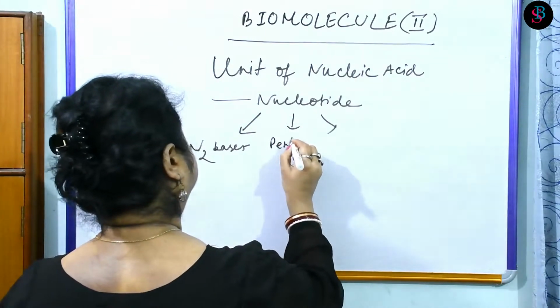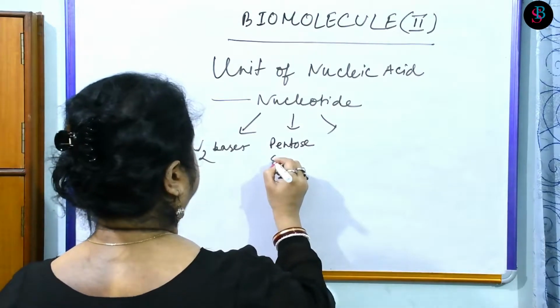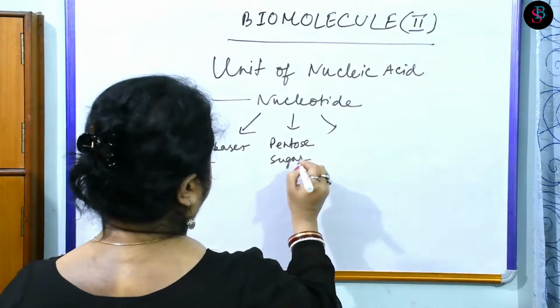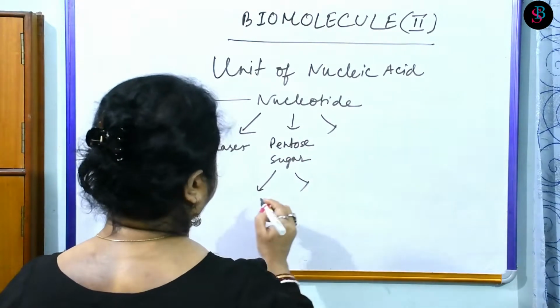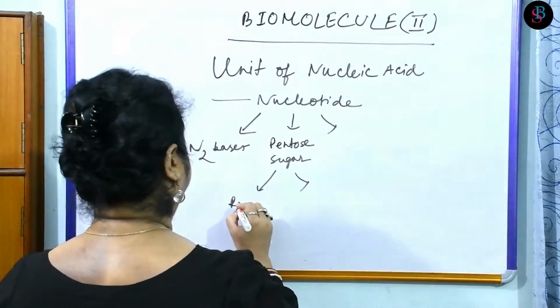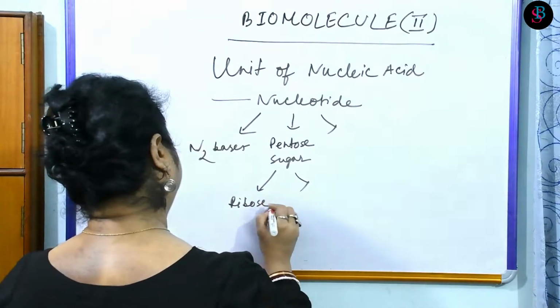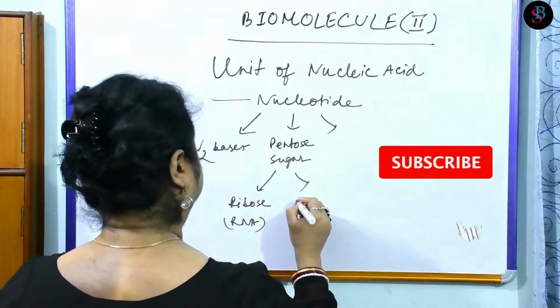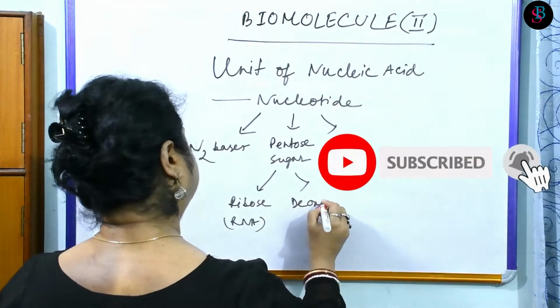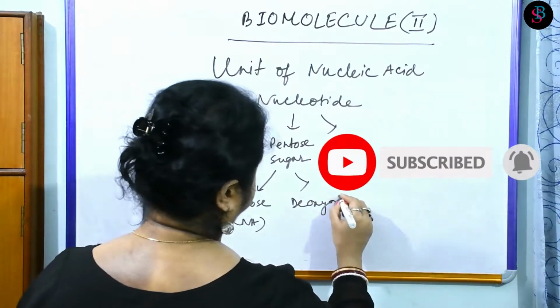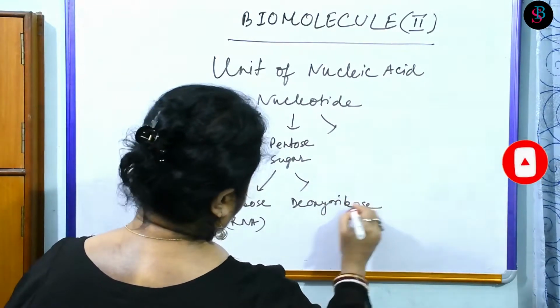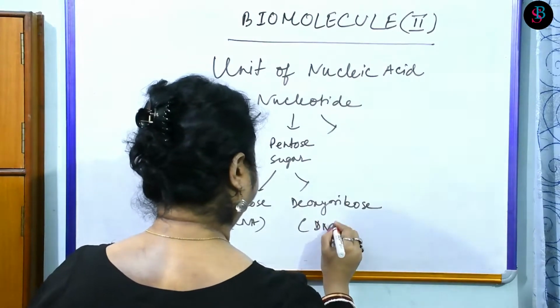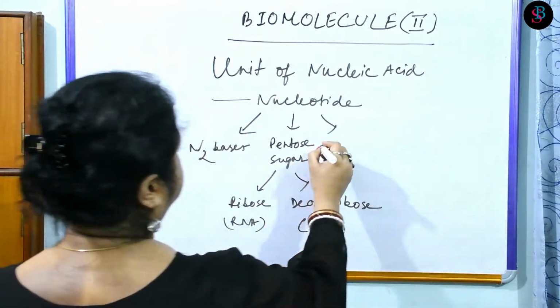Pentose sugar has two divisions: ribose in RNA and deoxyribose in DNA. And another component is phosphoric acid.